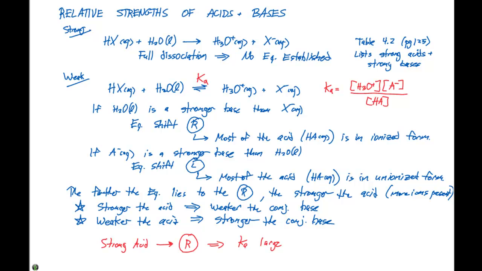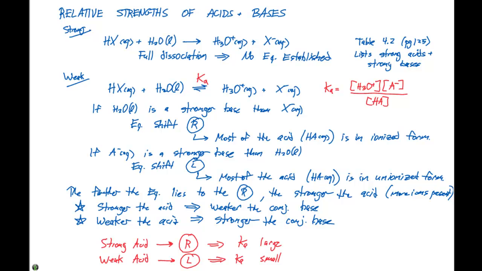If we have a weak acid, that means our equilibrium is going to lie more to the left. Our Ka is going to be small. And because that Ka is small, we don't have as much concentration of those H3O plus ions in solution, so our acid is going to be weaker.